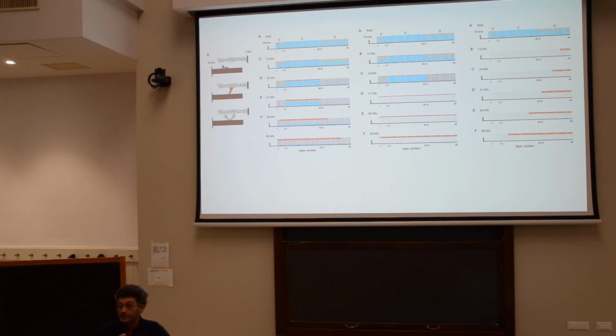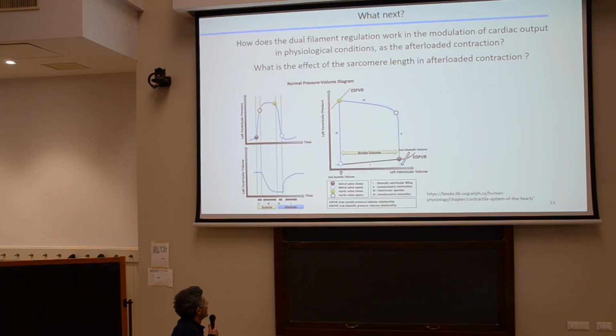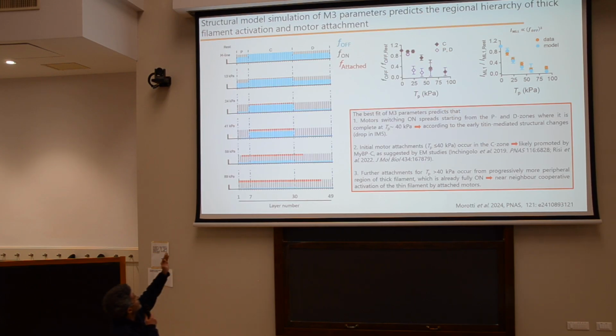It didn't work, so it was not able to globally fit the properties of the reflection. So the solution that we found is this, where the motors attach first, and they are off, but attached first in the seed zone. We think, from data and literature, that myosin-binding protein C is able to interact both with actin and myosin, so it could help in some way this interaction.